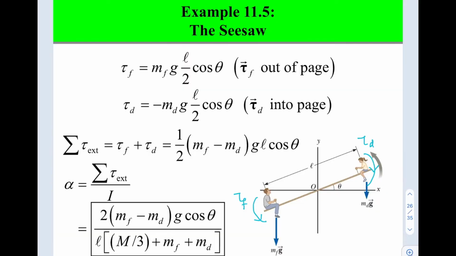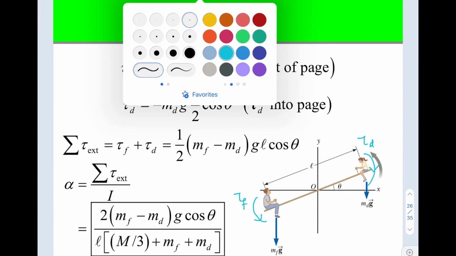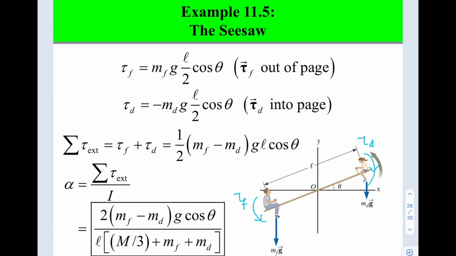Why is it cos theta? We want to figure out the perpendicular distance. Either you resolve the mg or you resolve the L. So if let's say you resolve the mg, you will have here the weight of the daughter, mg cos theta, and another component here, supposedly dashed, because we are resolving.